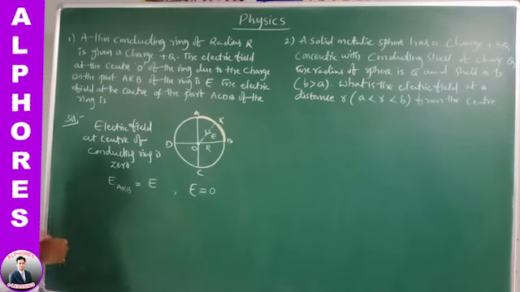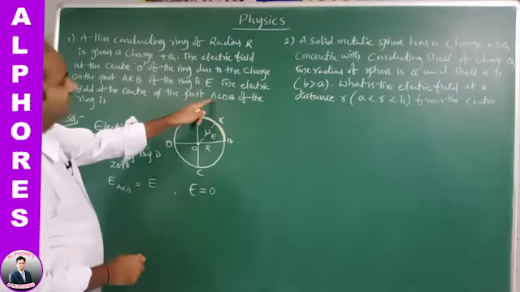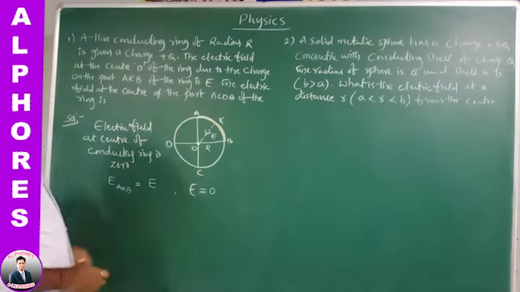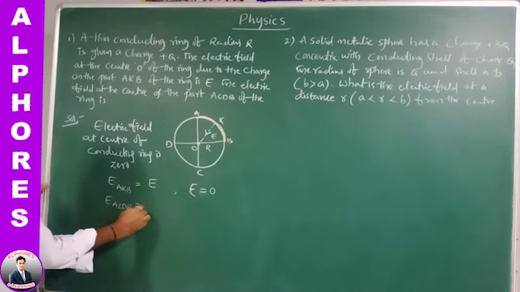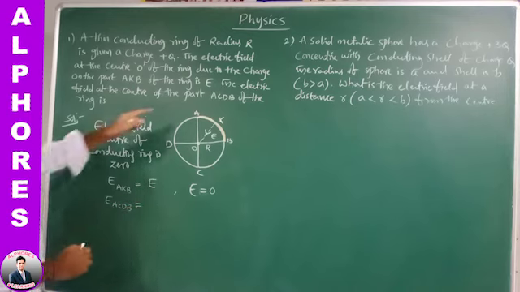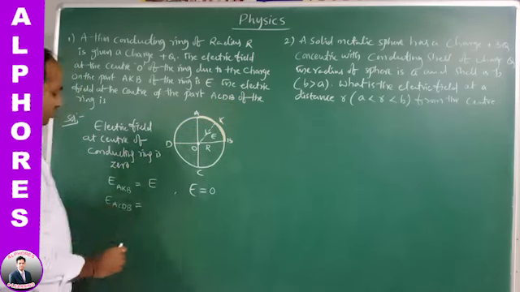Now what about the rest of the part? They give ACDB. First we should find the electric field intensity due to this part.